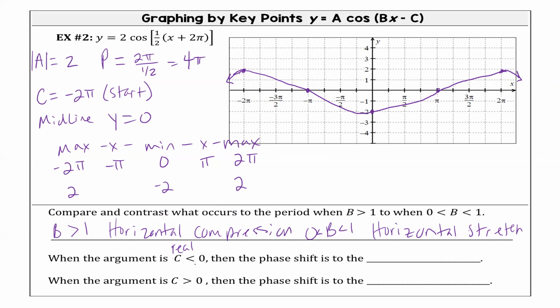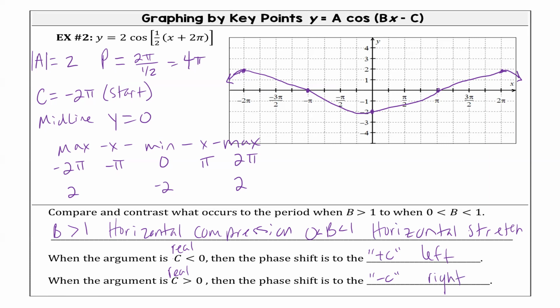When your real C value is less than 0, remembering that X's are liars, in our problem it's going to appear as a plus C, right? That means that we're going to the left. When your real C value is greater than 0, then the phase shift is to the right. So it's going to appear as a minus C. We're going to go to the right.